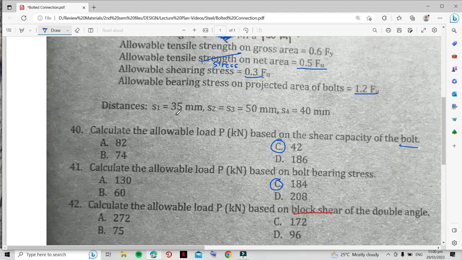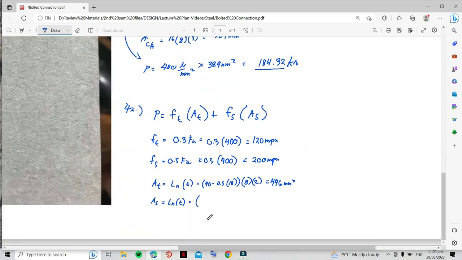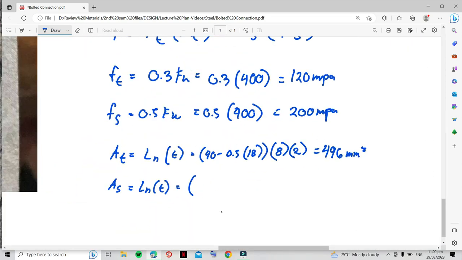Okay, so we write it here. 50 plus 50 plus 35 minus 2.5 of 18, so that's the bolt hole, times 8 times 2.